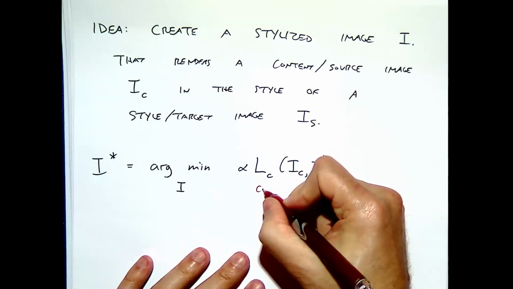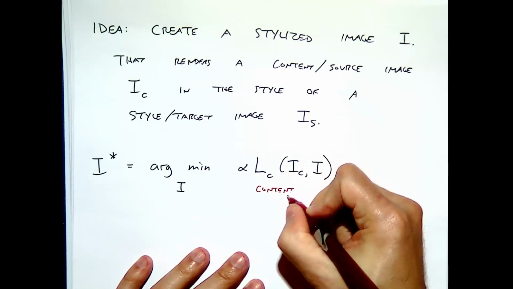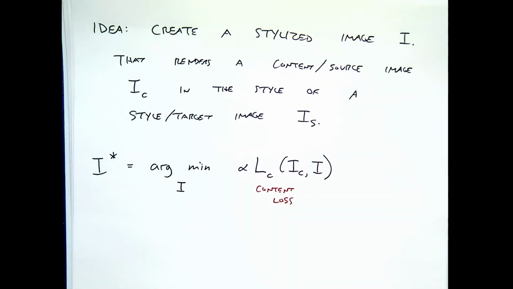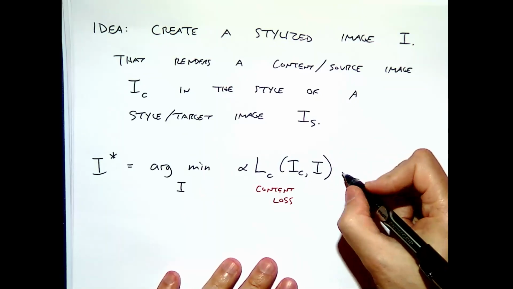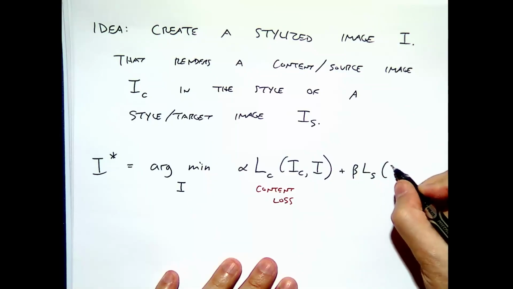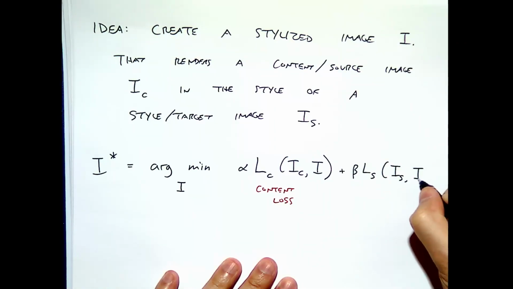This is like saying how similar is the stylized image to the original source image. And then I've got a term that is a style loss. We call this style loss.